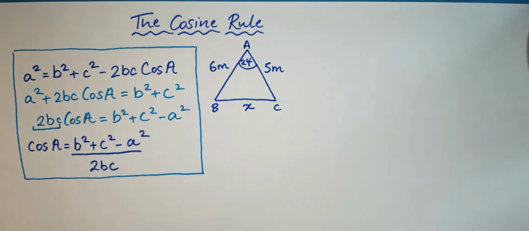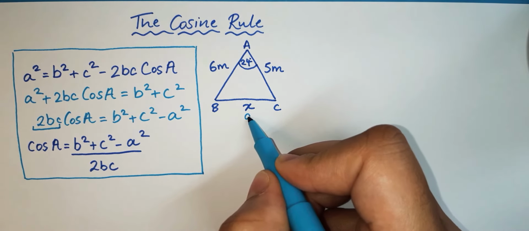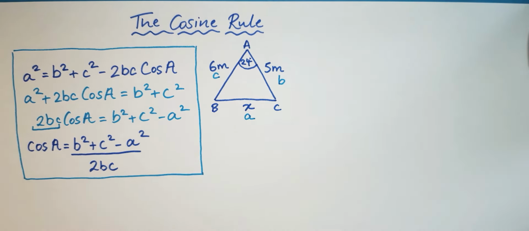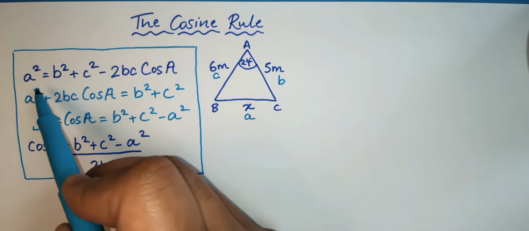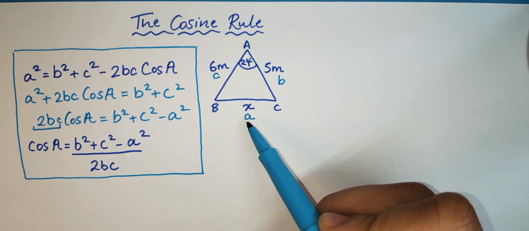And before we even think about the equation that we need to use, we need to label our triangle. So, if this is big A, this one is small a, this one is small b, and this one is small c. So now we can see that if we substitute these values into this equation, we can find out the value of a.